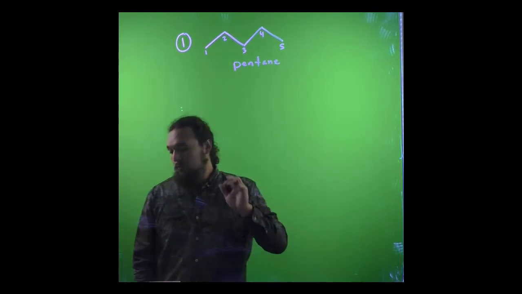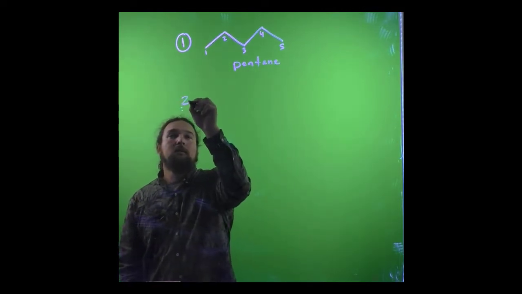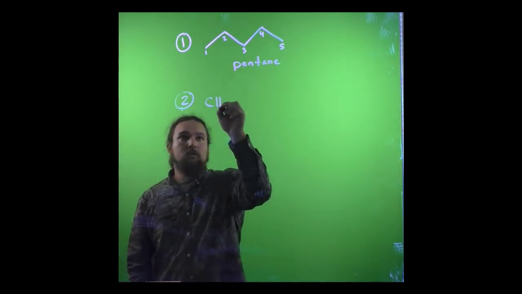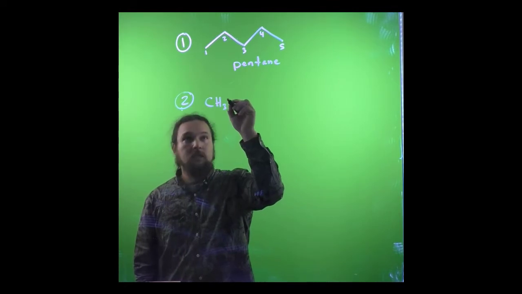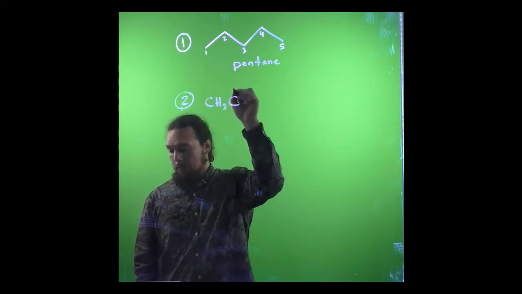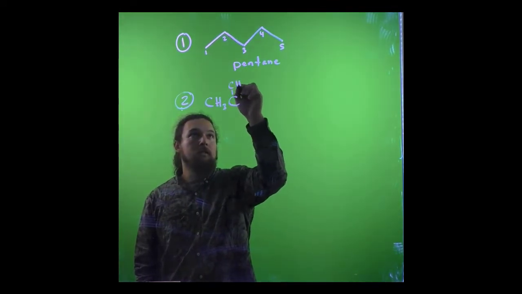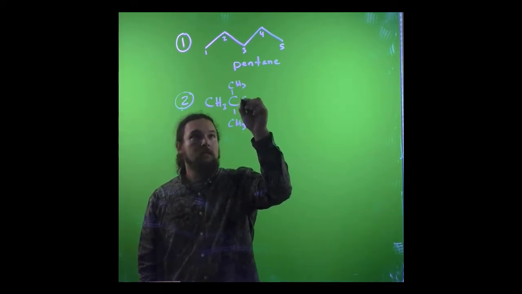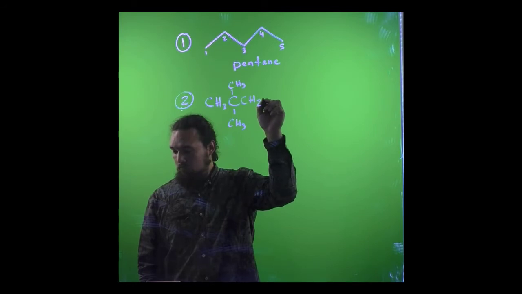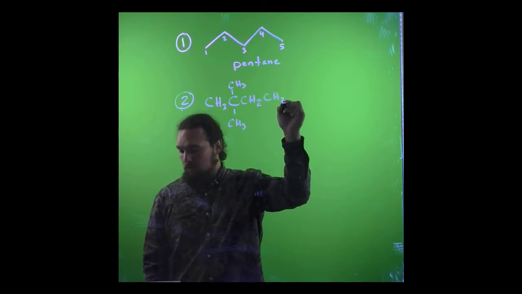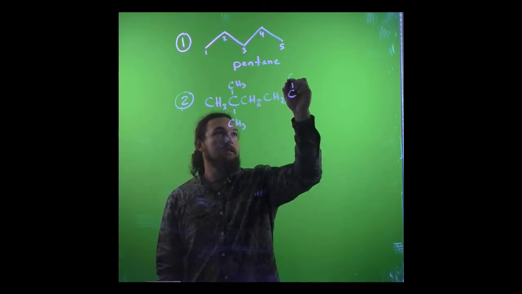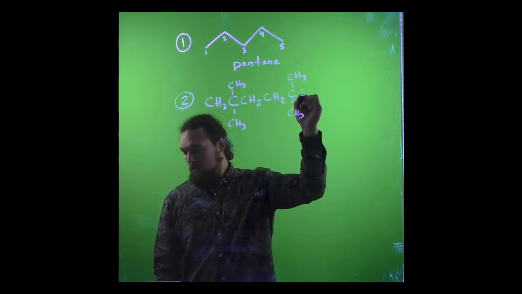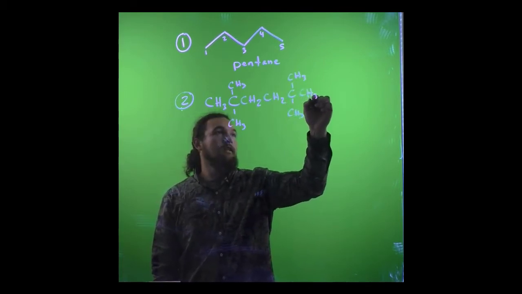For number 2, we get a problem that has a little bit more branches. So I'll draw it how it's written on the exam. CH3, CH2. So this is how the problem's written.